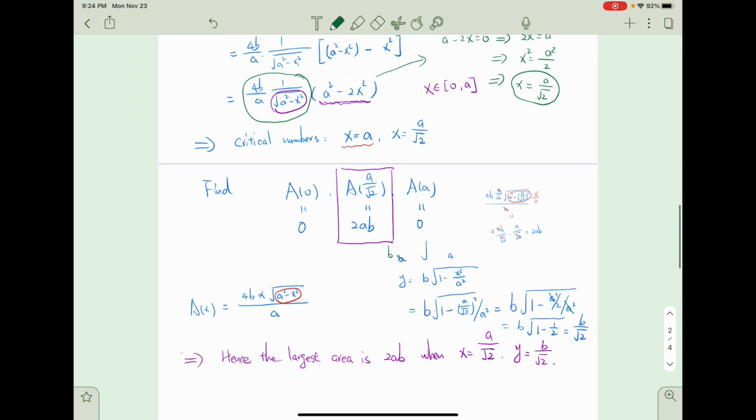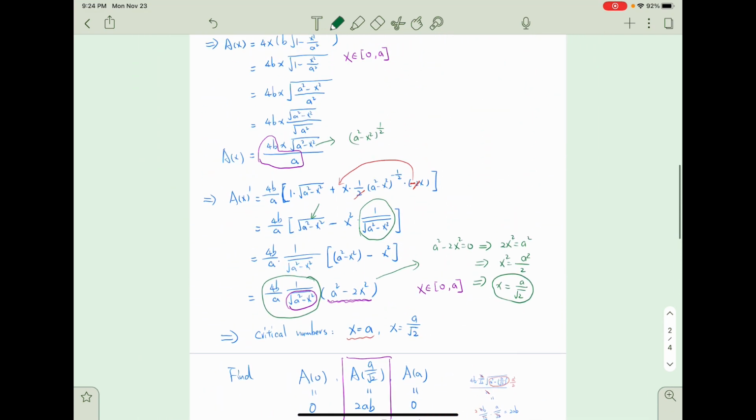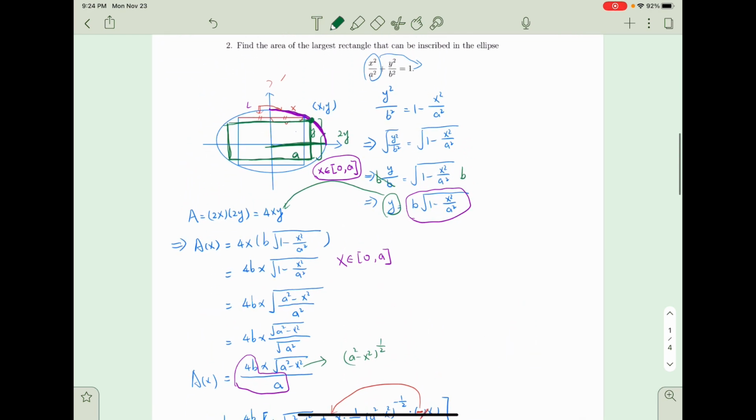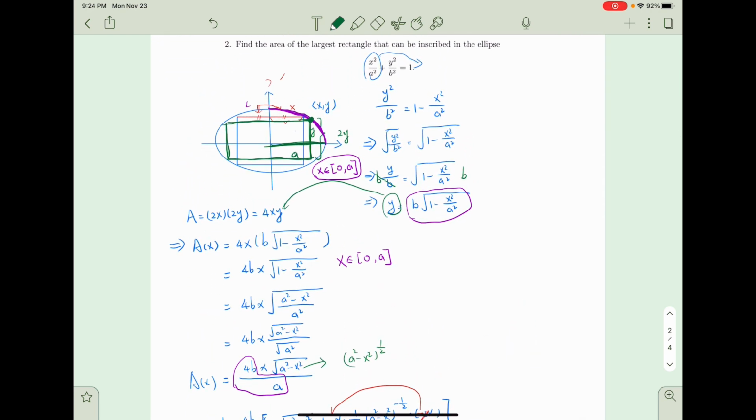So let's summarize for this question. We firstly draw our diagram to find out how we can inscribe a rectangle inside this ellipse. We can set up a point on the first quadrant on the curve, right?